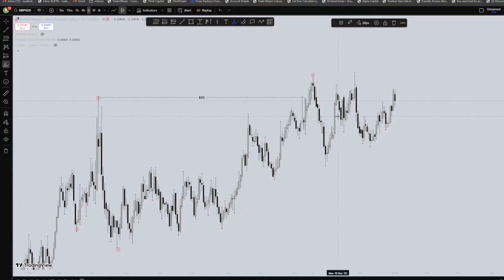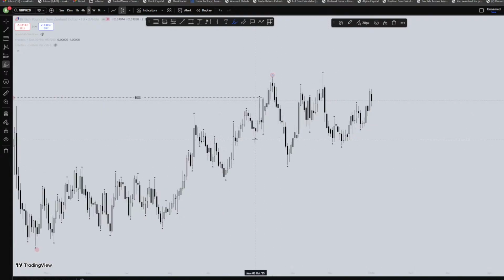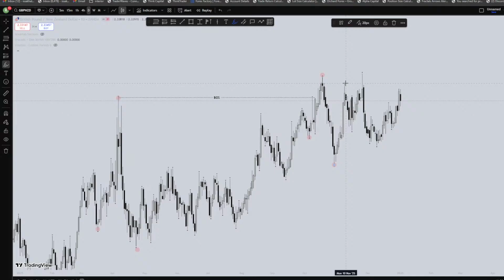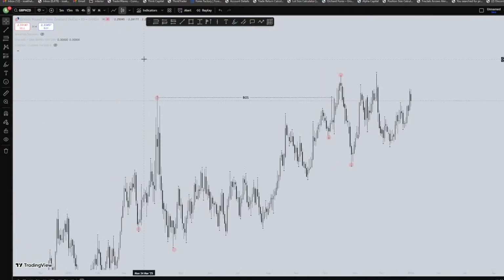What is the leg? It is this, and then this, and now it's matching as well. So since broke, then it continues go up. Not good.